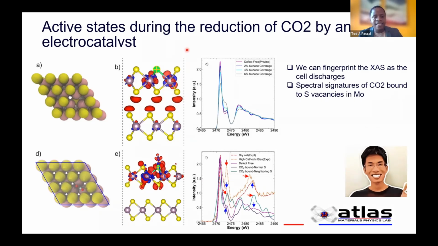So if you had sulfur vacancies that then reacted with the CO2, then you get this peak right at the bottom here. And it's a little messy, but basically we have the dry cell from the experiment in red, and then the high cathodic bias, so the experimental result for the high voltage, in orange, and you can see the difference between the red and the orange in terms of the first and second peak.